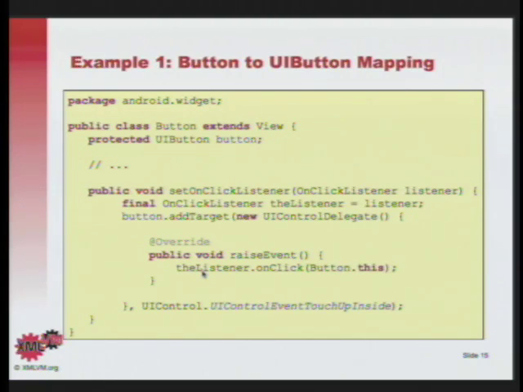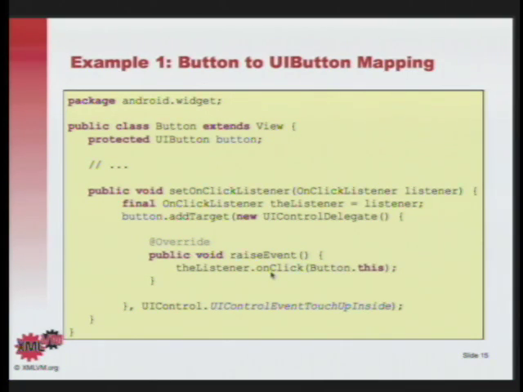So what happens is, if your Android application is using an Android button and you cross-compile it over to the iPhone, what you have in your native iPhone application is actually the UIButton as given to you by the Cocoa Touch library. If you push that UIButton on the iPhone, it will call the raiseEvent of that UIButton. That raiseEvent then forwards to the reference, the listener on click, which is the callback into your Android application.